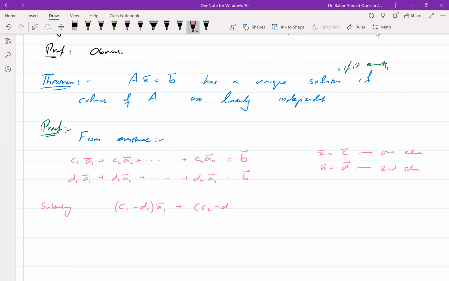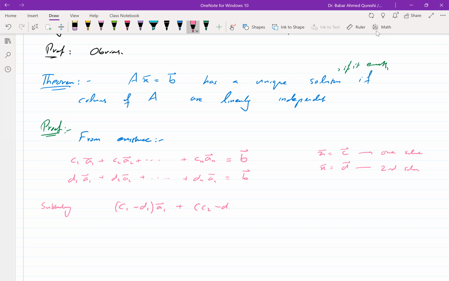But I also know that in an m-dimensional space, more than m vectors will never be linearly independent. So this situation will only arise if n is equal to m. And then the columns form a basis, because they are linearly independent and they generate the full space.